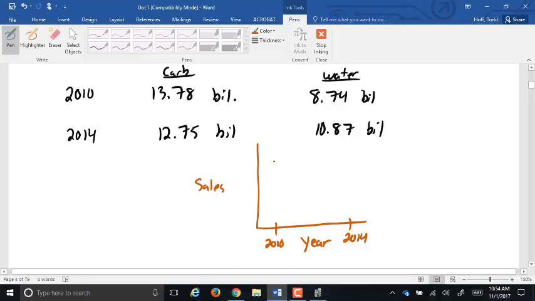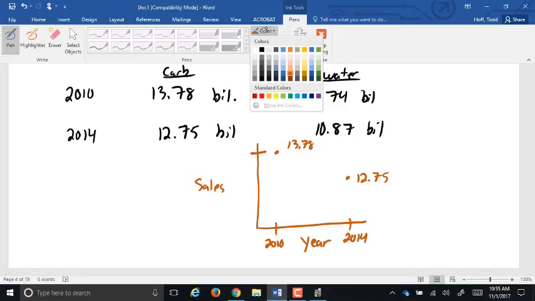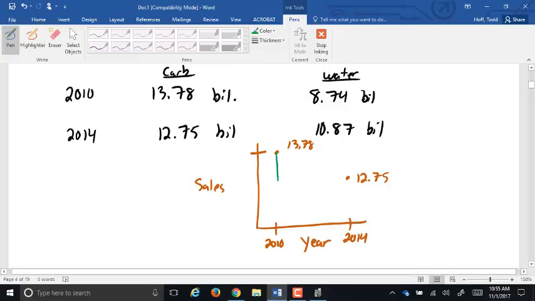For carbonated, that went from 13.78 down to 12.75, which probably makes it a little less drastic. So we have a drop. This is our difference in that vertical variable, 13.78 minus 12.75. Our difference in years is just 4 years.